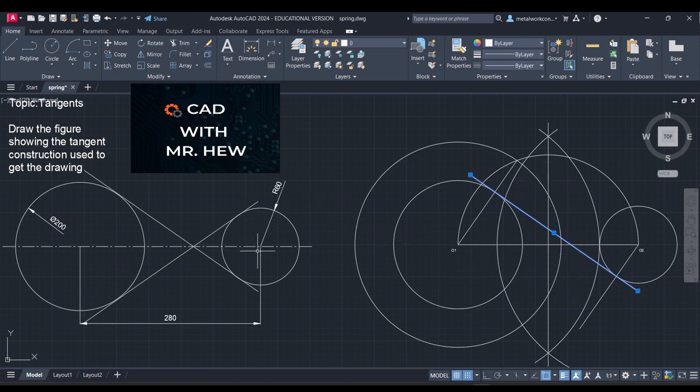Now we're gonna do the same thing for the other internal tangent, right? So what we're gonna do, we're gonna do the same thing that we did above. So we added the circle, we have already added the two radii, right? The next thing, what was the next step? Remember what was the next step? The next step was to bisect the centers, which we have already. Then the next step was to draw the semicircle.